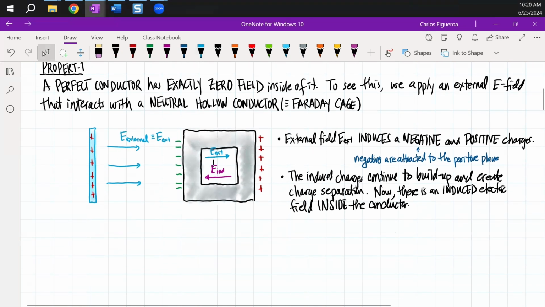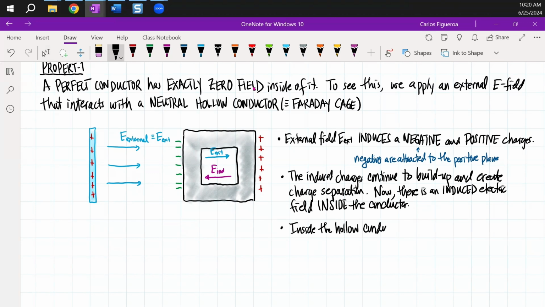It's not a material thing. It's a field that's just going to go right through. And then what you're going to find is that inside the hollow conductor, as the charge continues to build, there is a superposition of two fields: the induced field and the external field.